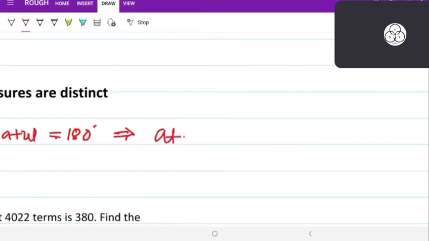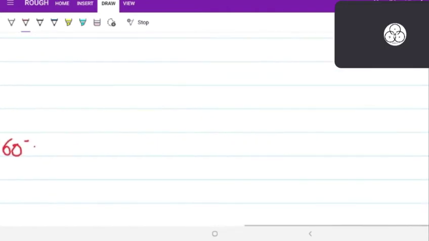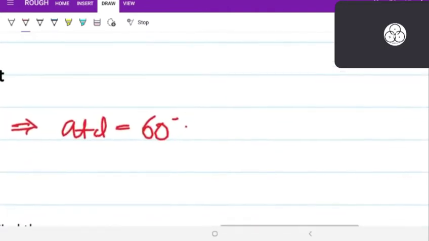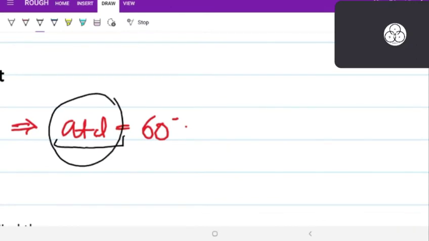You will get a plus d equals 60 degrees, right? Which is the middle term itself. Now, the different pairs of solutions of this a plus d will give us the number of triangles.